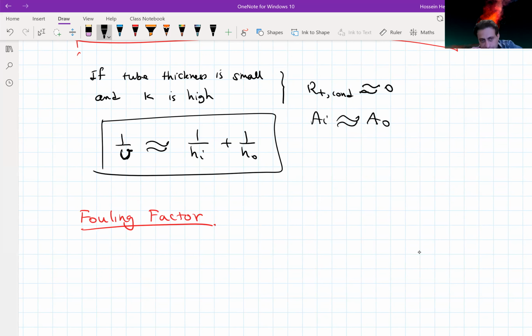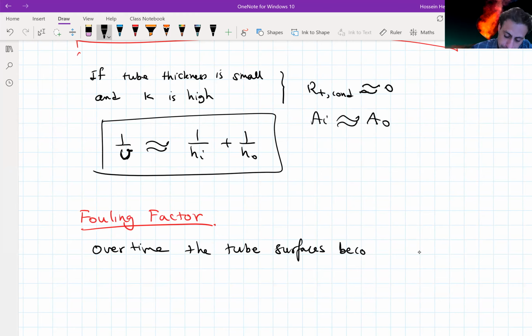Remember that with the use of a heat exchanger over a period of time, the tube surfaces become coated with solid deposition.